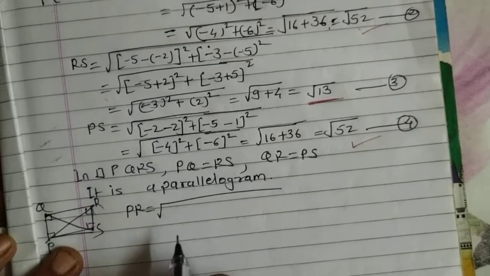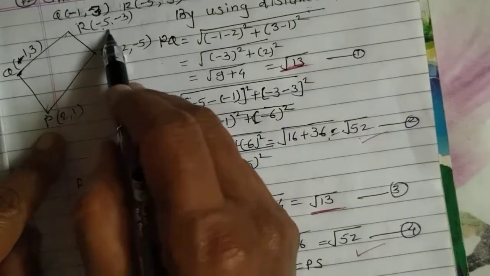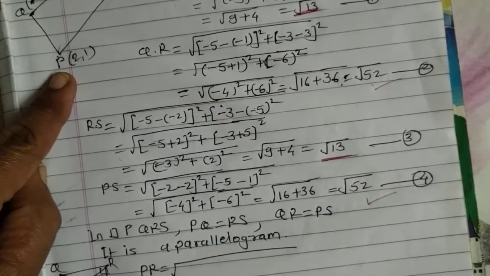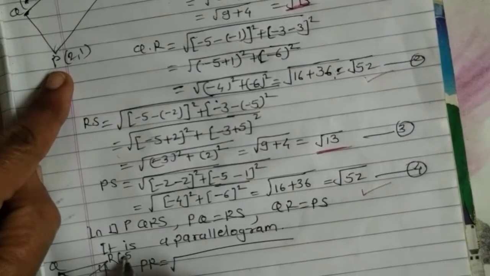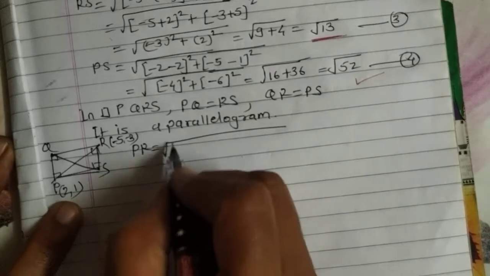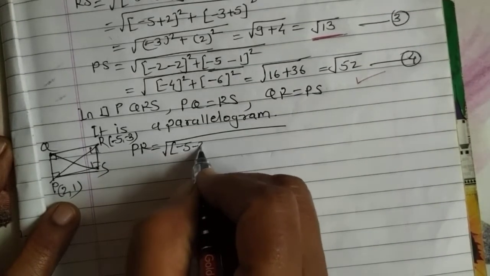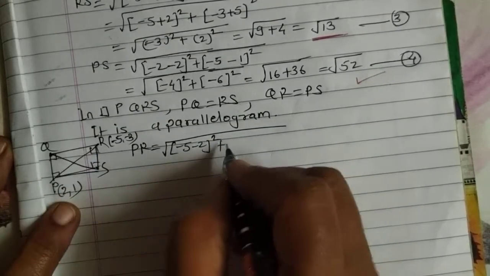PR distance, we can determine this way. P is (2, 1) and R is (-5, -3). Means here we obtain (-5 - 2) bracket square. This is suppose the second point, this is the first point.